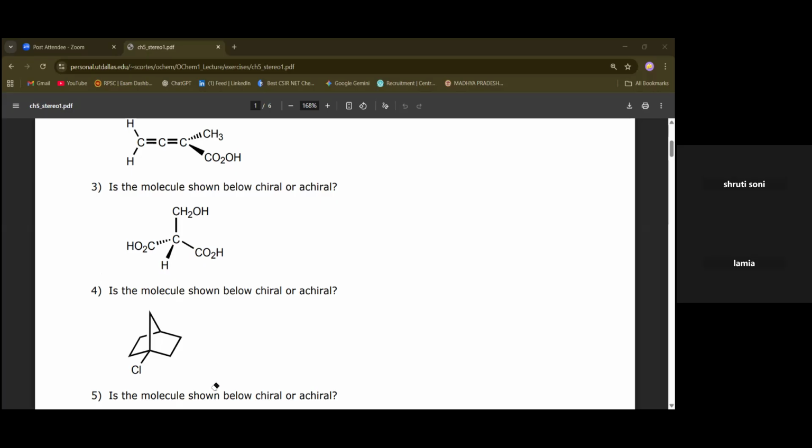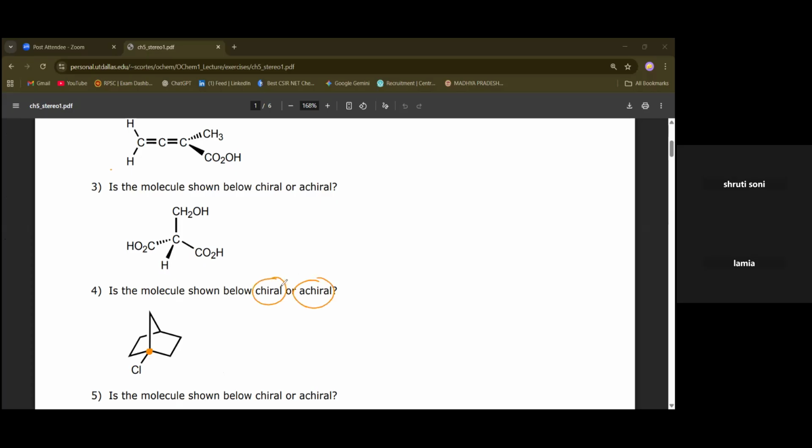Are all the atoms attached to this position the same or not? No. How will I check chiral and achiral?